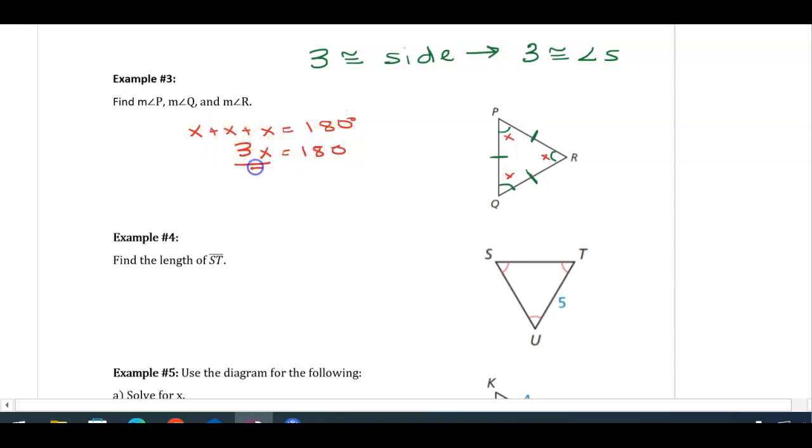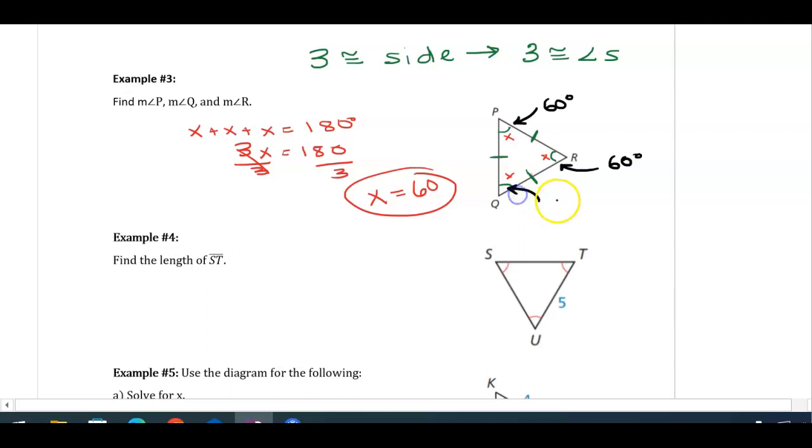If I divide 180 by 3, you get that x equals 60. So angle P is 60 degrees, angle R is 60 degrees, and angle Q is also 60 degrees. Once again, that's because if all the sides are congruent, all the angles have to be congruent as well.